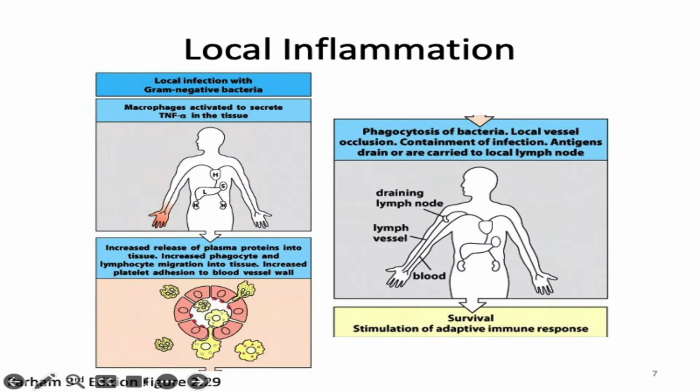So what I've been telling you is largely about local inflammation. Those cytokines are having effects on the blood vessel in that area, making changes to the blood vessel, trying to get rid of the infection, particularly the bacterial infection in that area.